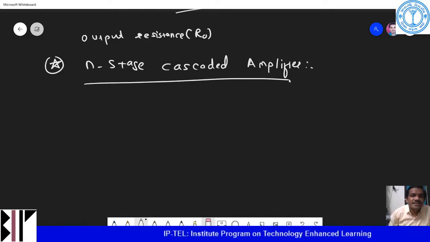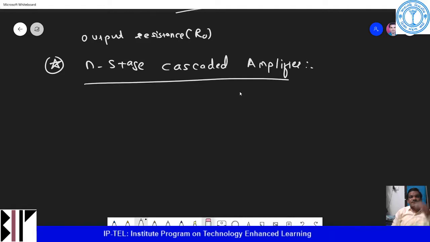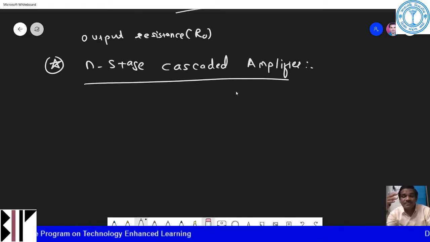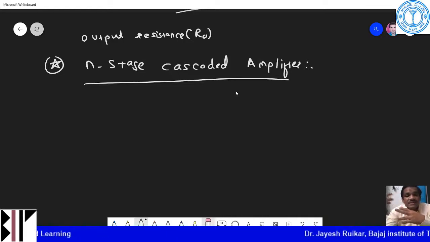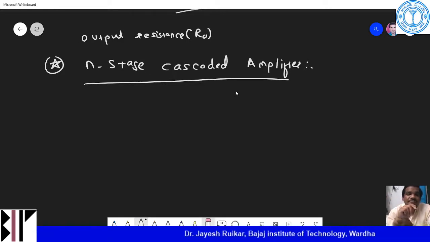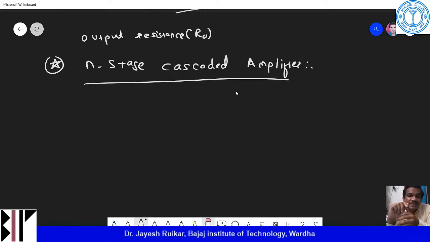As you know, the gain of the amplifier can be further increased by connecting more number of stages in cascade form.